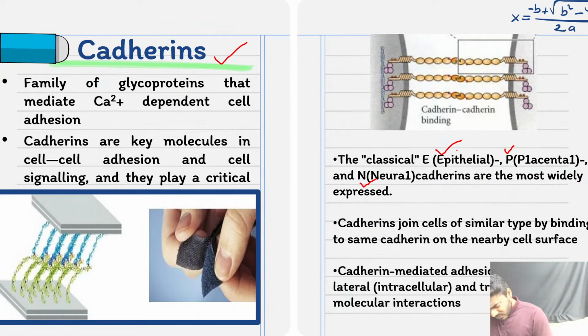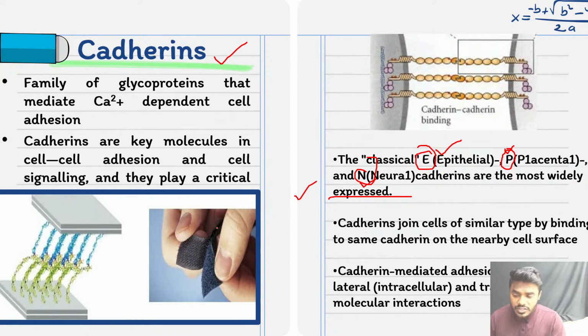No, many types of cadherins are present. But based on their high expression rates, there are three major classical cadherins: epithelial, placental, and neural, which are majorly expressed in these particular tissues.